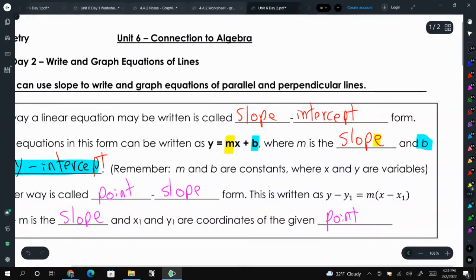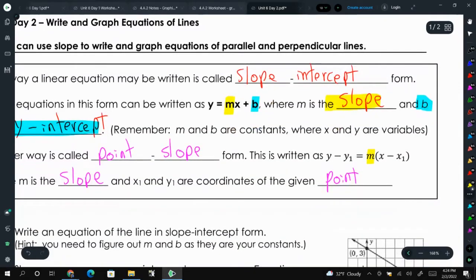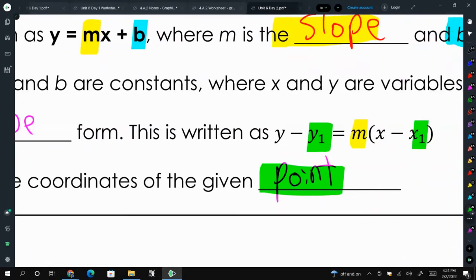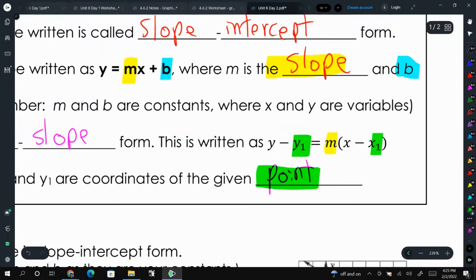And in point-slope form, m is also your slope, and x1 and y1 are the coordinates of the point that you are given. We're used to labeling points x1 and y1 when we do the distance, slope, and midpoint formula, so this shouldn't be too much of an issue.